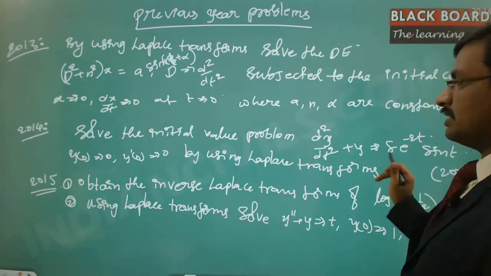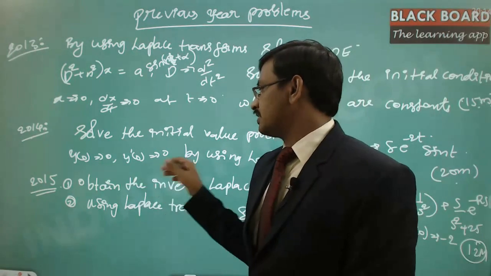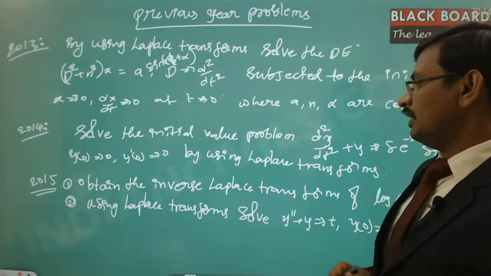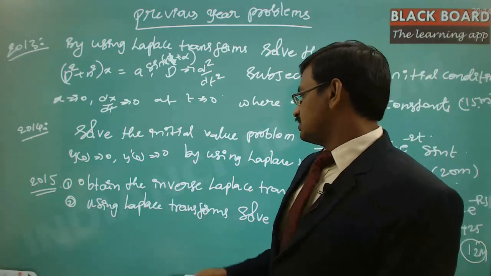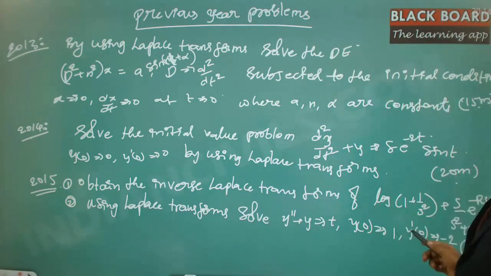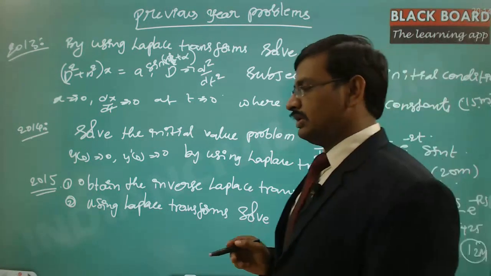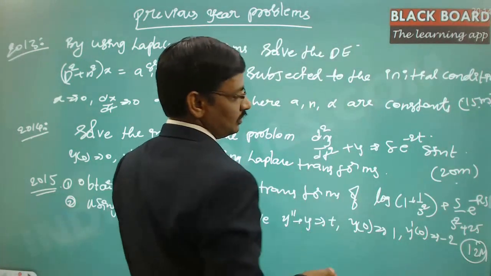And then the initial conditions were given, y of 0 is equal to 0 and y dash of 0 is equal to 0. Again, the next one is to obtain the inverse Laplace transform of log of 1 plus 1 by s square, plus s by s square plus 25 into e power minus rs. So here, this concept I have explained.